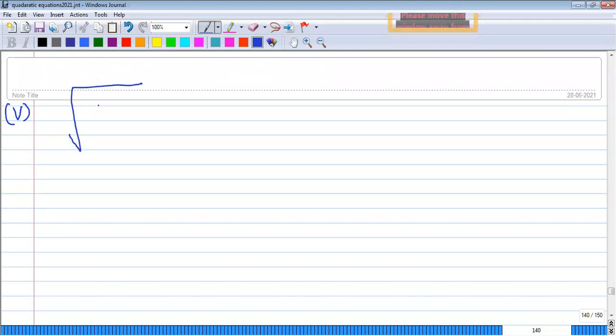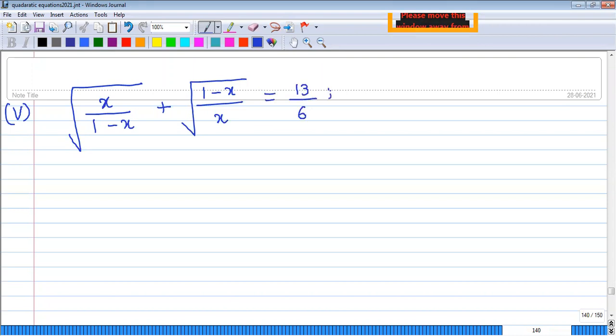Root over x upon 1 minus x plus root over 1 minus x upon x equals to 13 upon 6. So conditions are very important. Here x does not equal to 0 and x does not equal to 1.